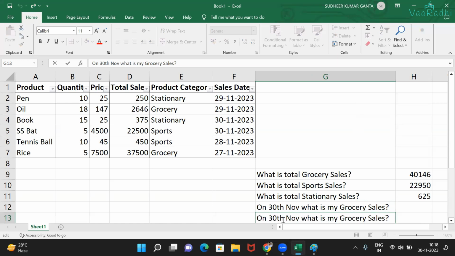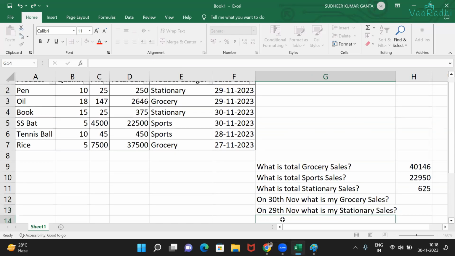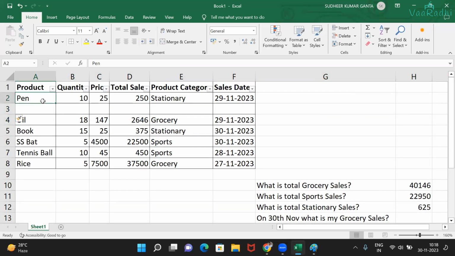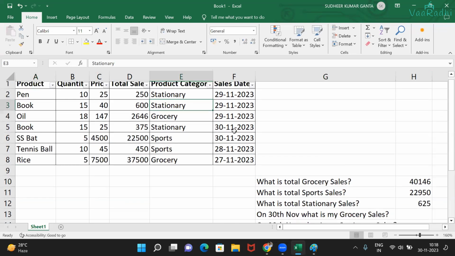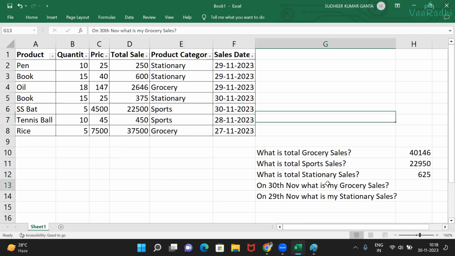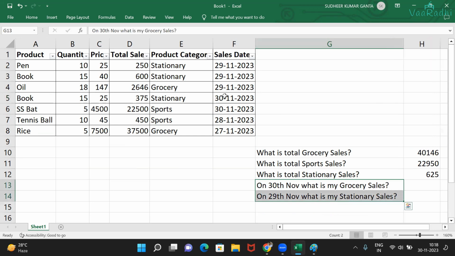On 29th November, what is my stationery sales? I'll insert one more record here. I'll simply add one more record here. So say book, 1540. Now we have data in front of us and we have queries here. Answer my questions.